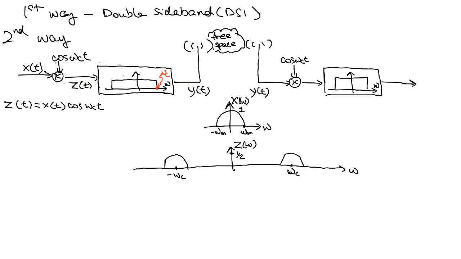Then it passes into a low pass filter, and I set the low pass filter at cutoff frequency omega c.